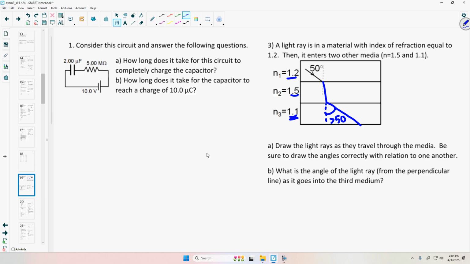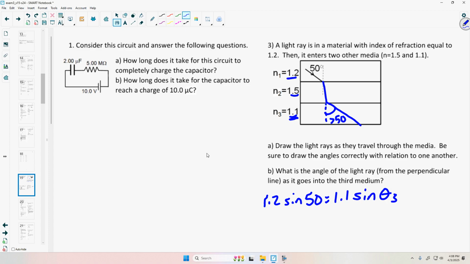And then to do part B, I say 1.2 sine of 50 is equal to 1.1 sine of theta 3. I'm not sure what I did. I might have had a mistake in that video. I know that y'all think I never make mistakes, but sometimes I do, actually. Divided by 1.1, and then the inverse sine of 0.83.